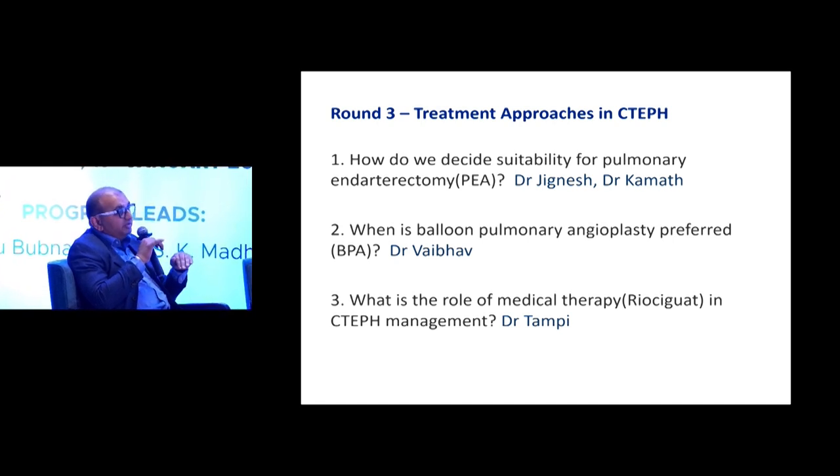We converted the VA ECMO into a VV ECMO because the cardiac part was taken care of in the first 48 to 72 hours. Then we kept her on tracheostomy, and almost on the 7th day, we were able to successfully wean off the VV ECMO. So that's how a standard protocol goes. There's nothing to worry about if there is pulmonary hemorrhage. You should be more aggressive in putting on ECMO if need be. That's the team's learning.